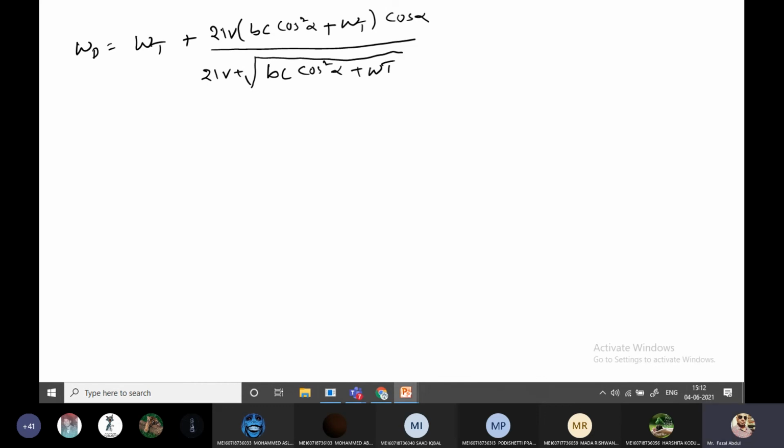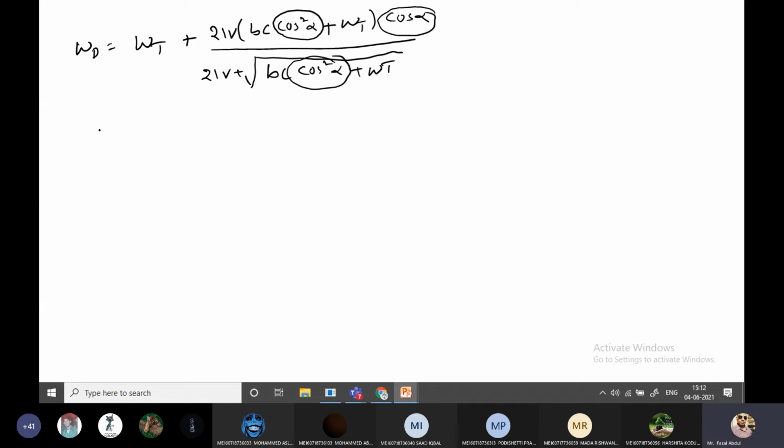Here also it is the same equation. The difference you can observe is that I additionally write cos square alpha here, cos alpha here, and cos square alpha here. Only this is the difference. The rest of the equation is the same as what we practiced in the spur gear.